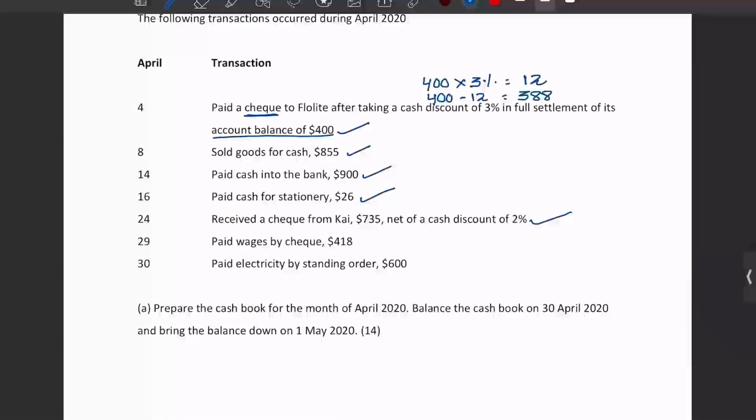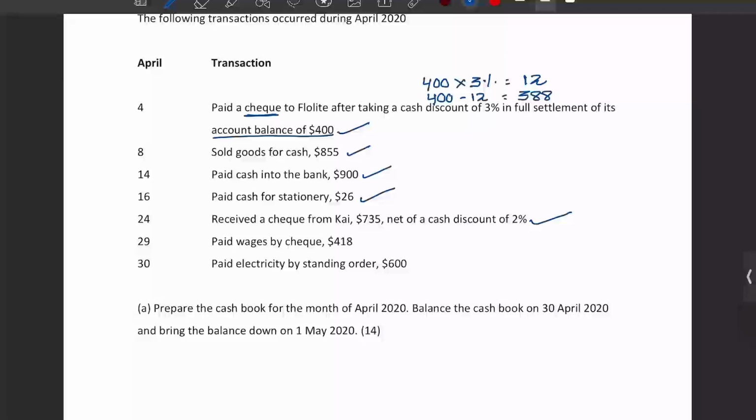Can you all look at the transaction? Received a check from K735, net of cash discount 2%. Now have a look at this.